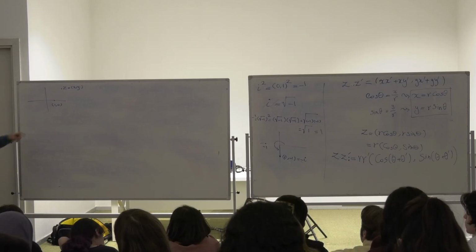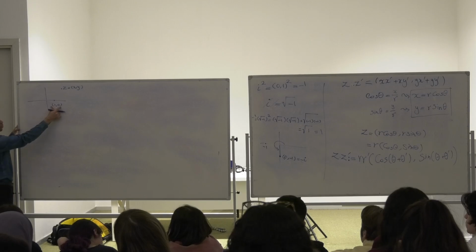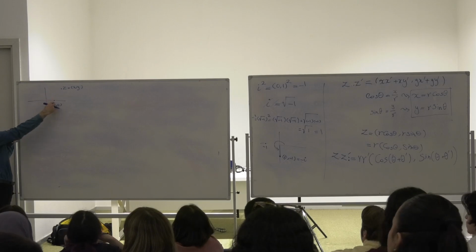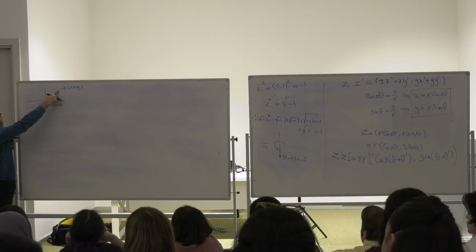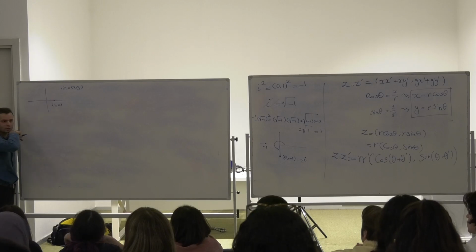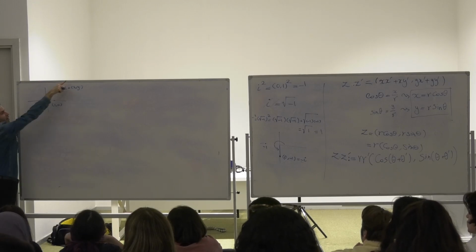It doesn't change. This point multiplied by any complex number. What is the angle of this point? 0. What is the angle of this? Theta. If we add this, the angle is going to be what? Theta. So it stays on this line.